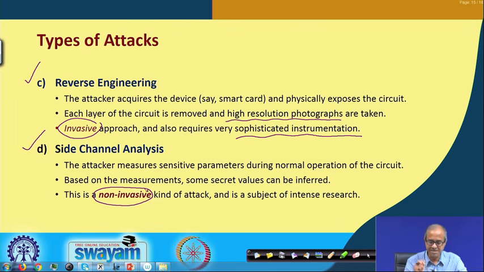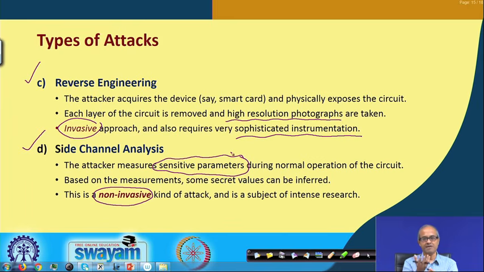We are measuring some sensitive parameters, we shall see later what these parameters are. These parameters can be temperature, it can be power consumption, current drawn from the power supply, electromagnetic radiation, and so on and so forth. We are trying to do some measurement, and variations in these measurements, trust me, will give you a lot of information about what is going on inside the chip.